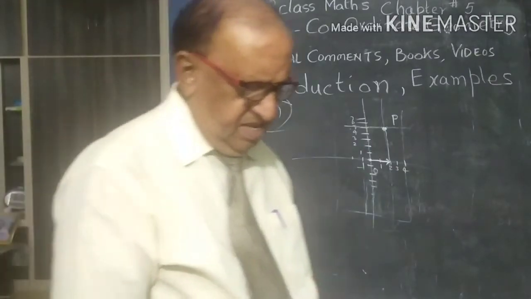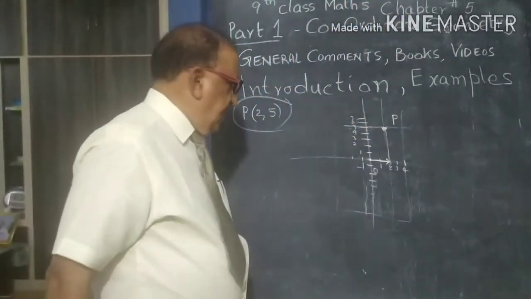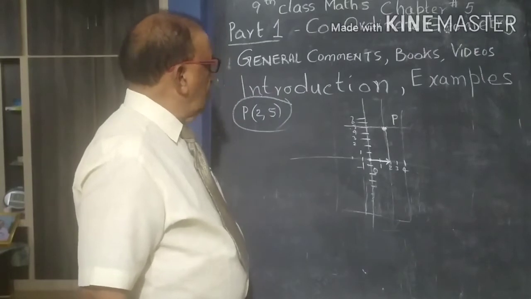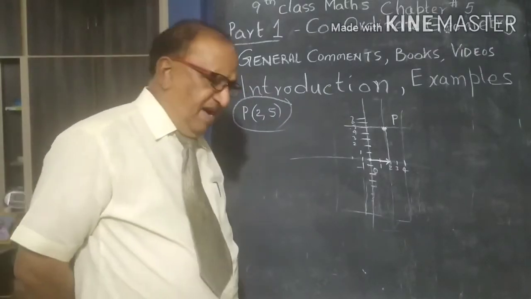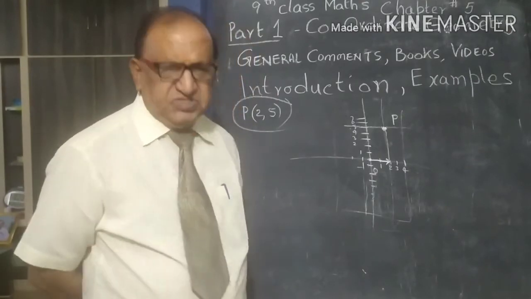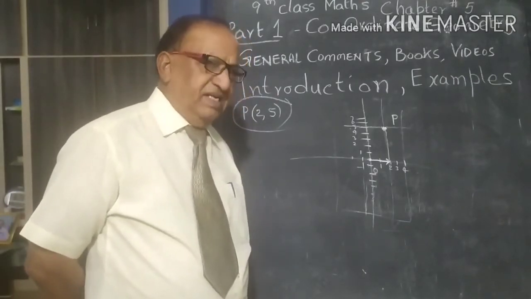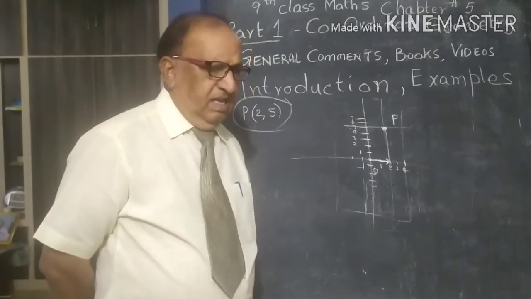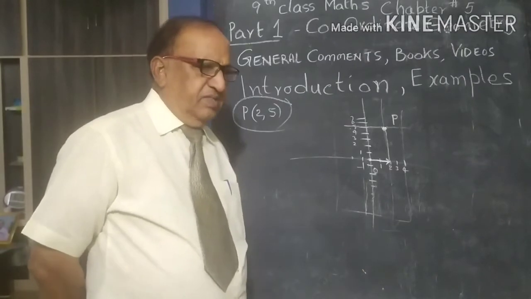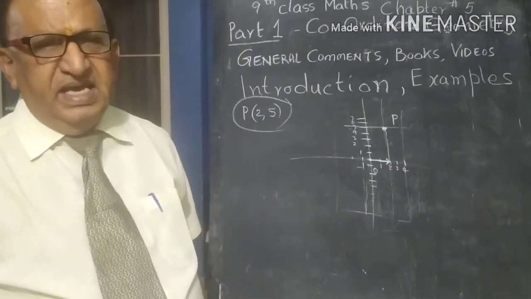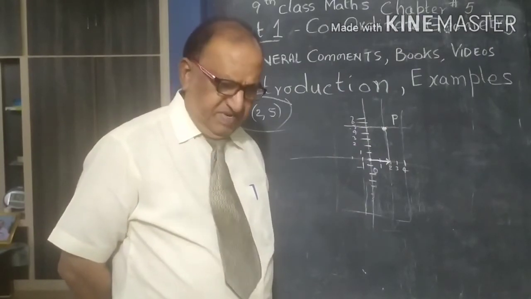So this is a very, very simple chapter, very easy chapter. Again, this was invented in the 17th century by Rene Descartes, in short called Cartesius, and the coordinate geometry he invented is called Cartesian coordinate geometry.